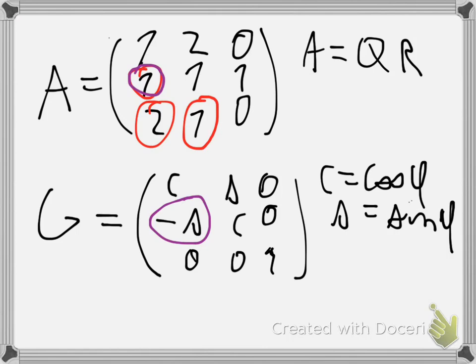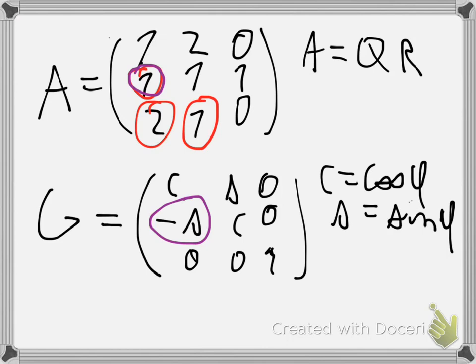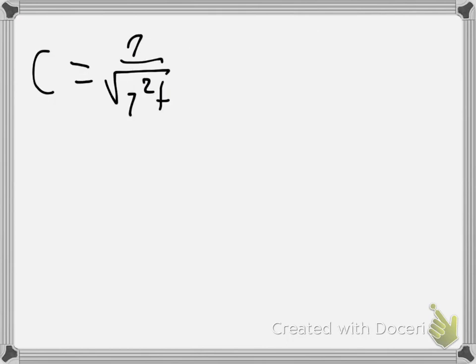So remember that our cosine is equal to the element at the top of the vector. So here it will be the first one of the first column vector of A. So 1 over the square root of 1 squared plus the element we want to eliminate, so also a 1, so 1 squared.